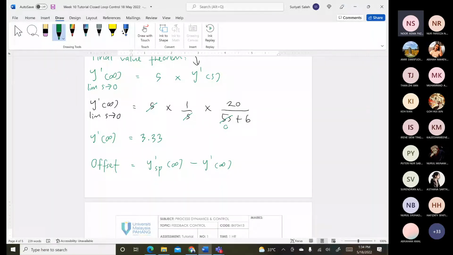Where the y prime sp infinity here is based on a unit step change. So that means the y prime sp equal to 1, minus y prime infinity, which is 3.33. So you get 1 minus 3.33, you get negative 2.33.